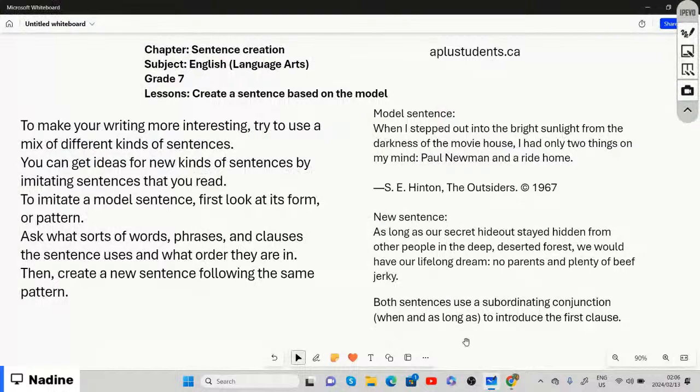All right. So when it comes to sentence creations, we are creating sentences based on a model.